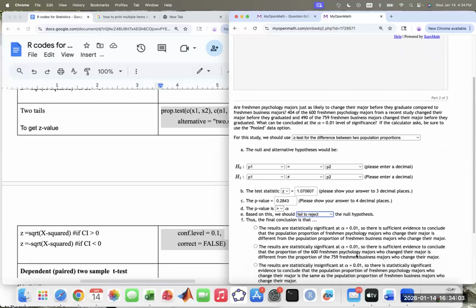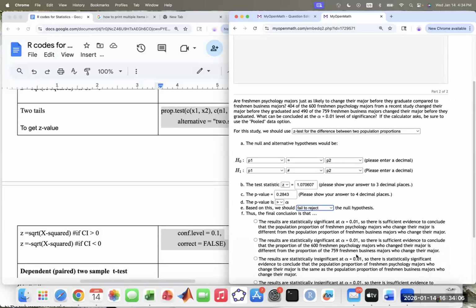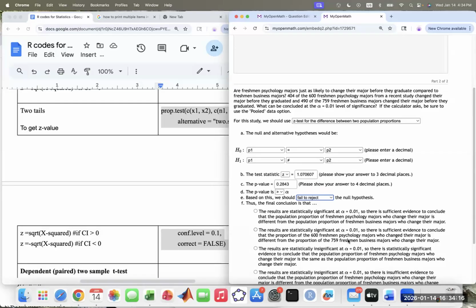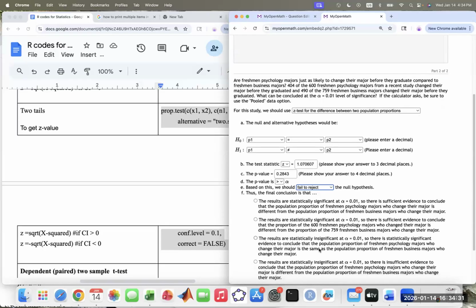Therefore, in this case, there is sufficient evidence to conclude something about the population proportion. This one doesn't work because it talks about the 600 freshmen, and we test for the population. This one is different too, because it's about the population proportion of freshman psychology majors who change major or not, so we don't choose that either.